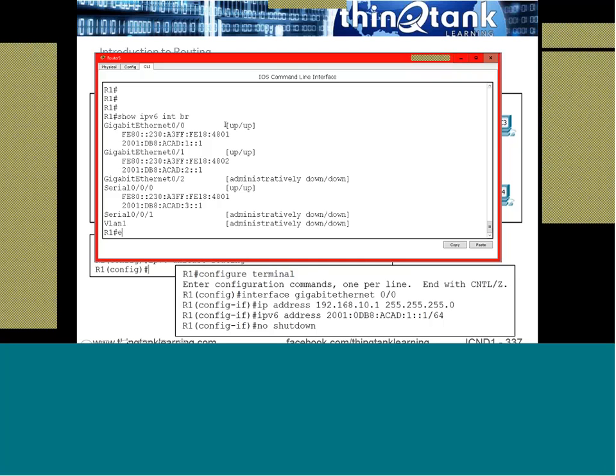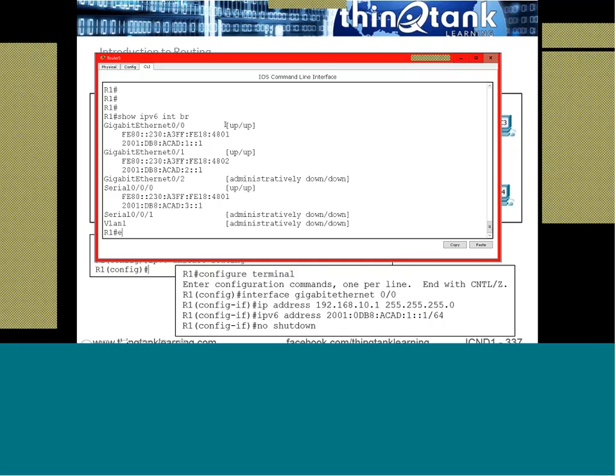Are your addresses the same? Yes, sir. Great. 2001:DB8:ACAD:1::1 for Gig0/0. 2001:DB8:ACAD:2::1 for Gig0/1. And 2001:DB8:ACAD:3::1 for serial 0/0/0.